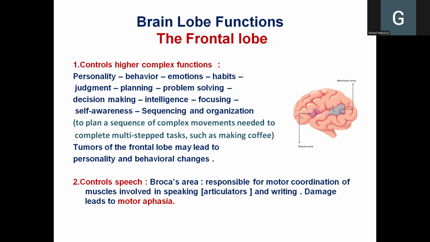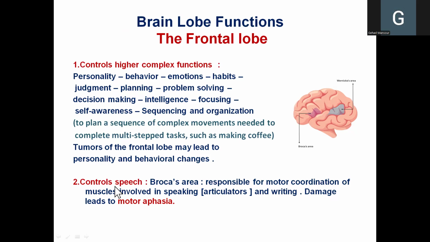But overall, both lobes play a role in sequencing and organization. The frontal lobe, mainly related to motor actions, will organize and decide the complex motor actions that you do.